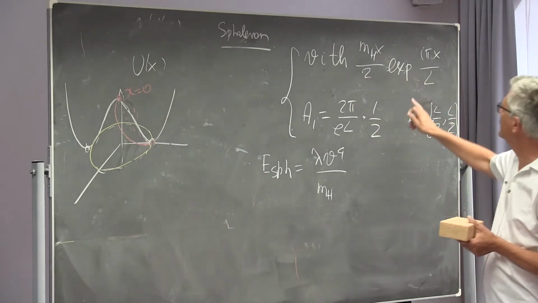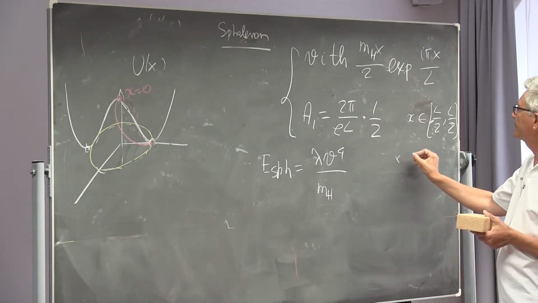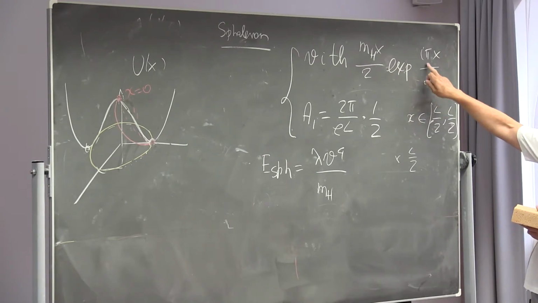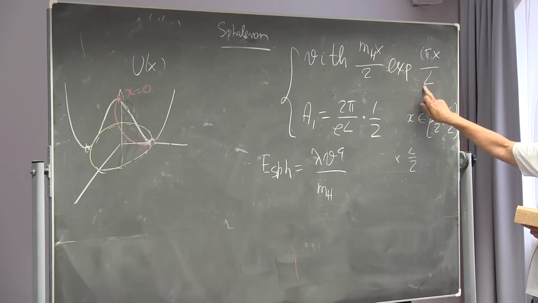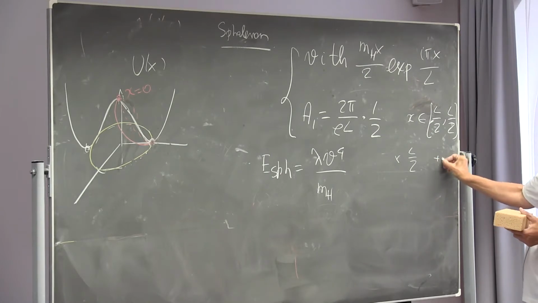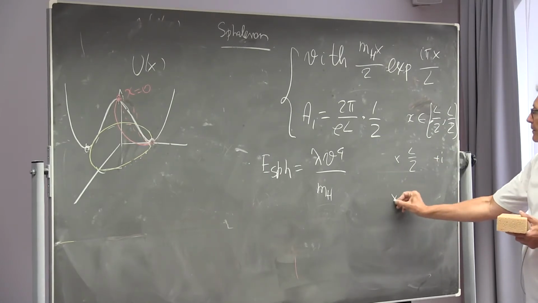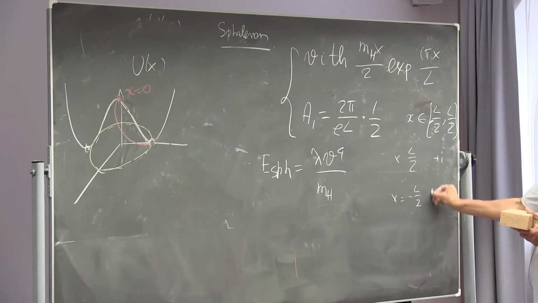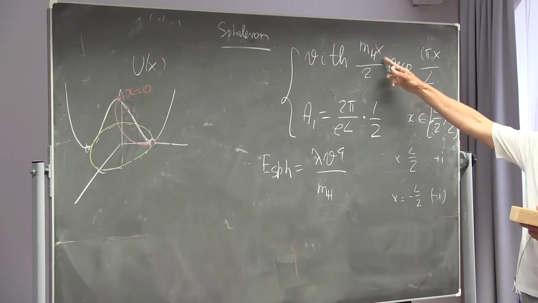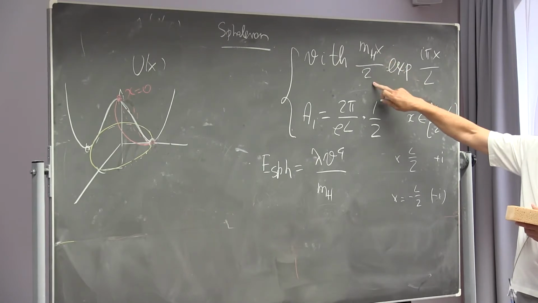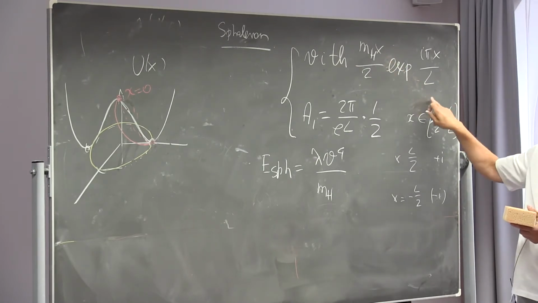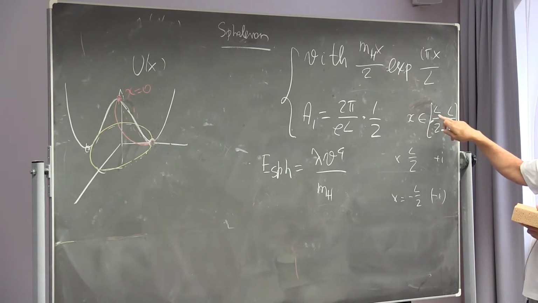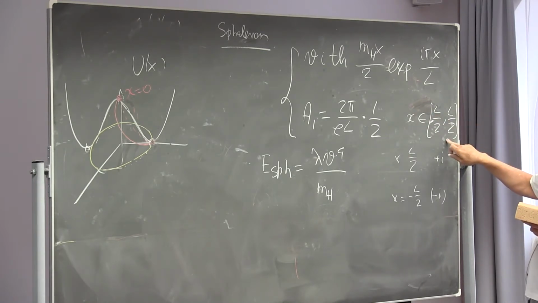And now you see what happens: if x is equal to L over 2, then this factor is equal to plus i, and when x is equal to minus L over 2, this factor is equal to minus i, but also the hyperbolic tangent changes the sign, so that we get one and the same value at x equal to minus L over 2 and x equal to plus L over 2.